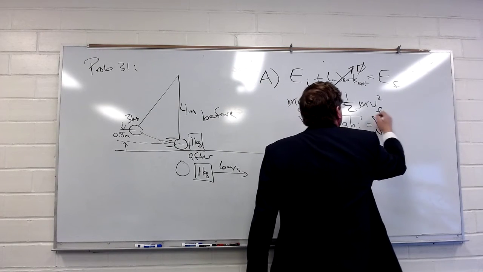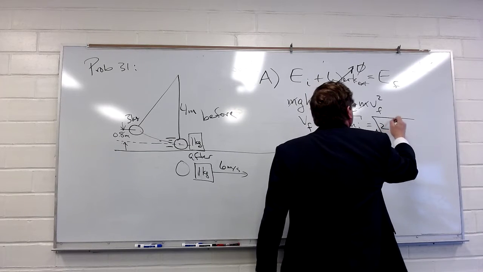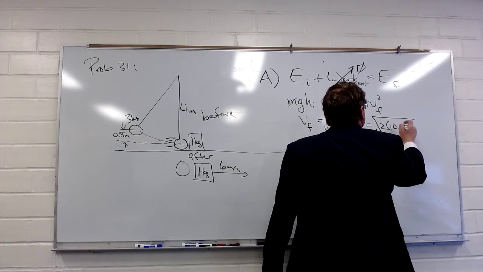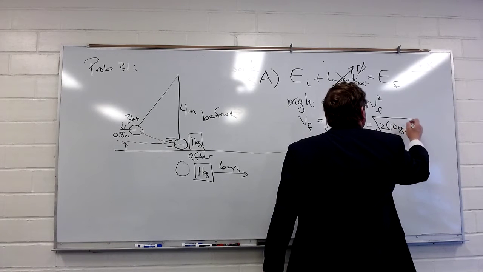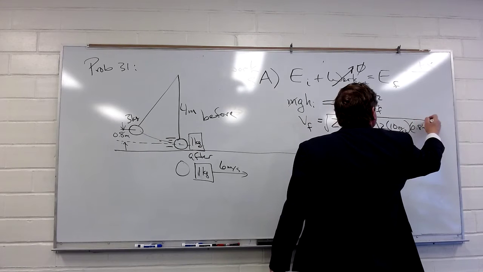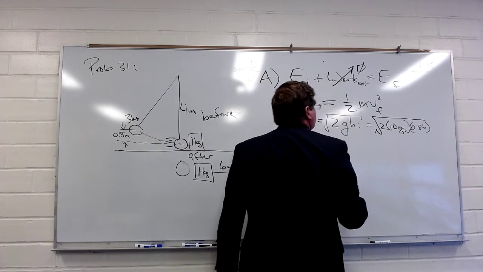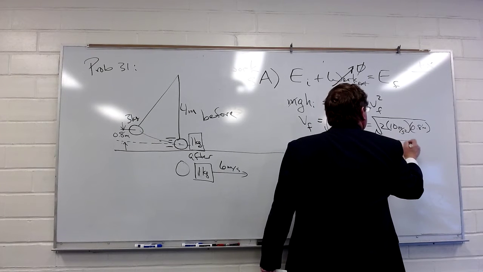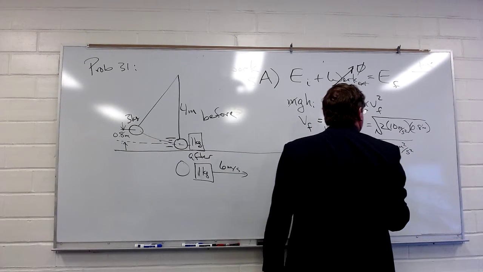Well, that's going to be the square root of 2 times 10, we'll call that meters per second squared, and h is 0.8 meters. Okay, and so this is going to be the square root of 16 meters squared over second squared.